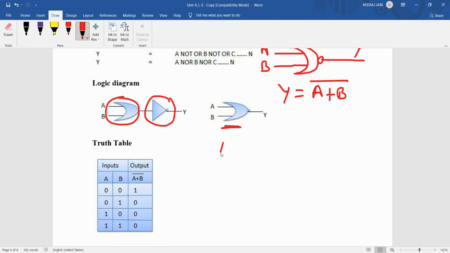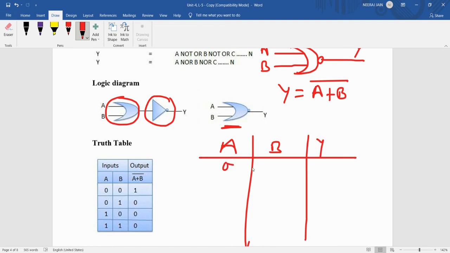So here if we take A and B as inputs, and if we make the truth table regarding it, then for 0 0, in case of the OR gate, it will be (A plus B) bar, so that will be 1.